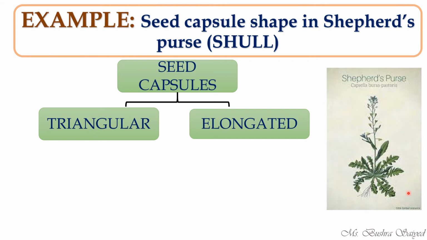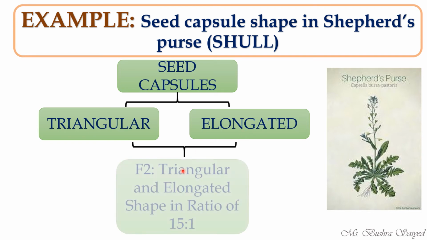We know that we are studying genetics, so we will be crossing between the different characters, right? So if we cross between the plants having the triangular as well as elongated seed capsule, what will happen?